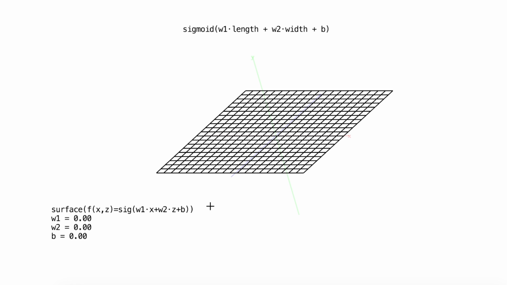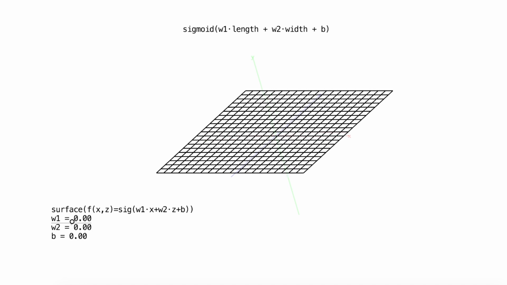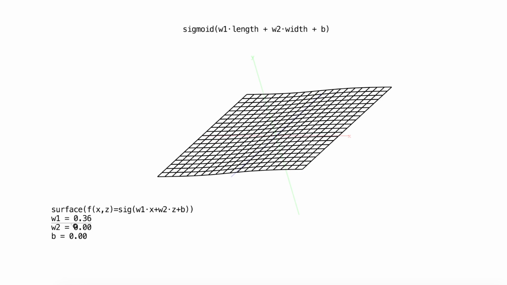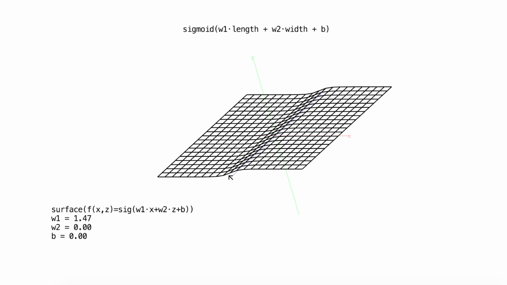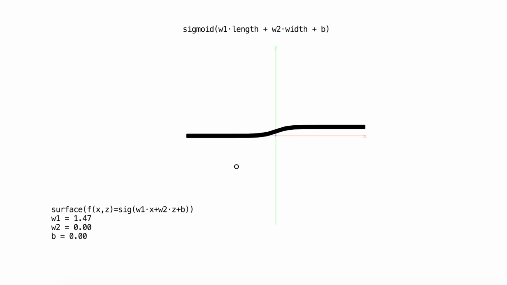We can see what they do. If I change w1, you can see how the surface changes like this. If I go straight on like this, w1 is weighting the length feature, and I'm using the x-axis to represent the length feature in this surface plot.